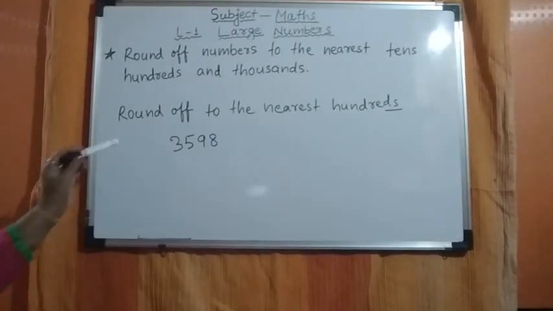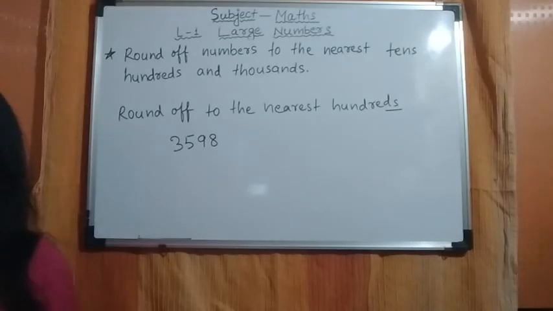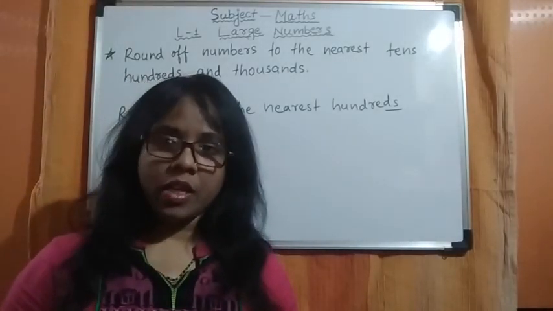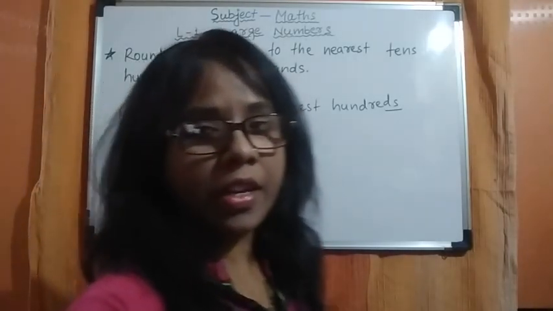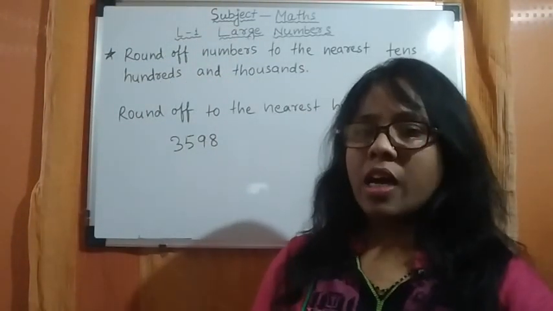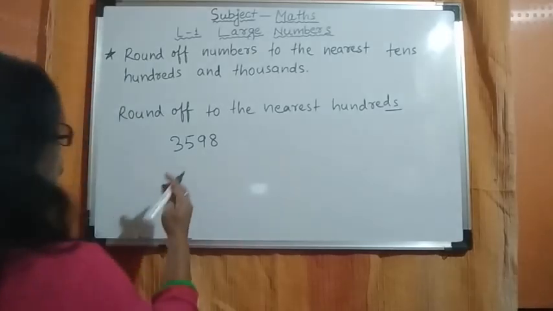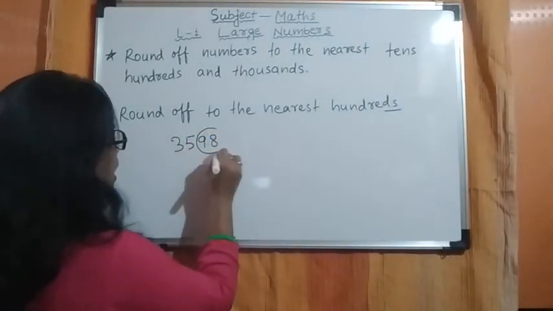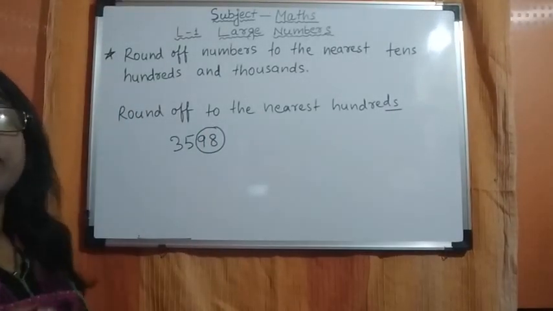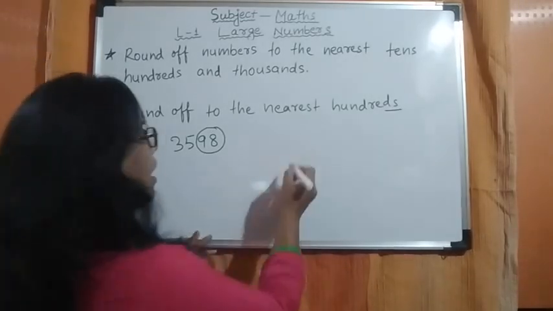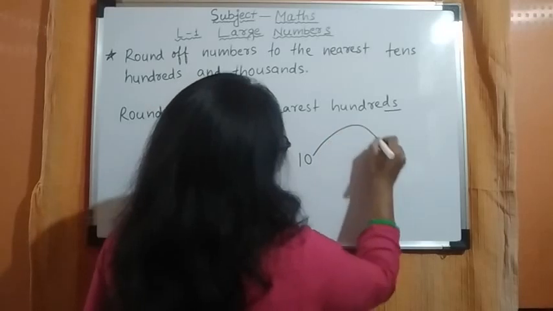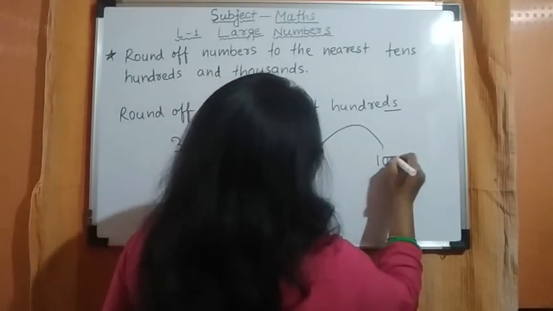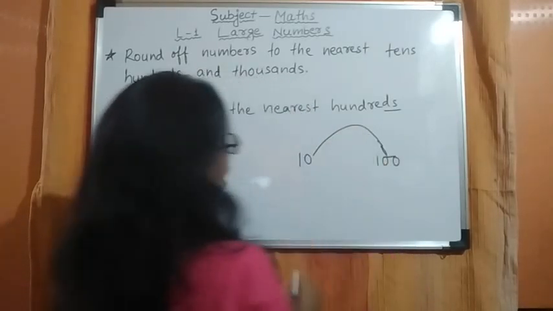For rounding off to nearest hundreds, what we have to keep in mind. So the number I have taken is 3598. Rounding off to nearest hundreds, we will see the last two numbers, that is 98. Now we will check where 98 comes between 10 and 100.